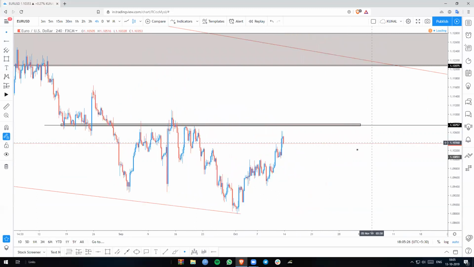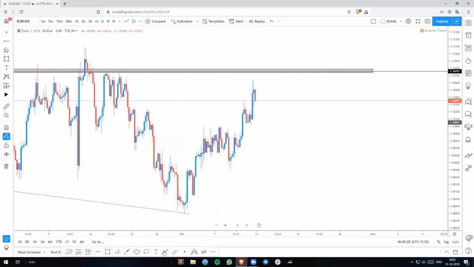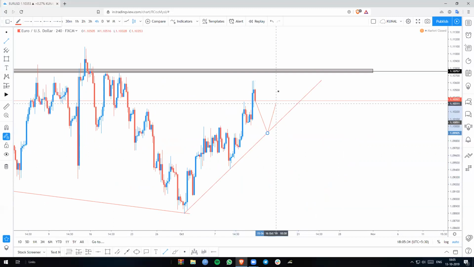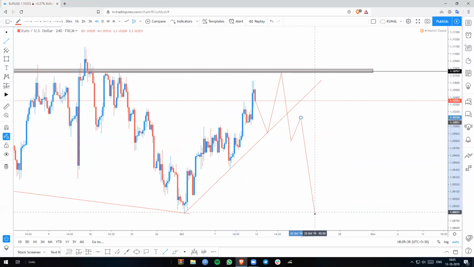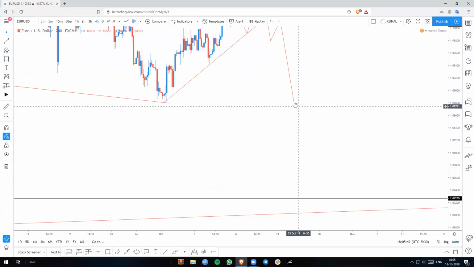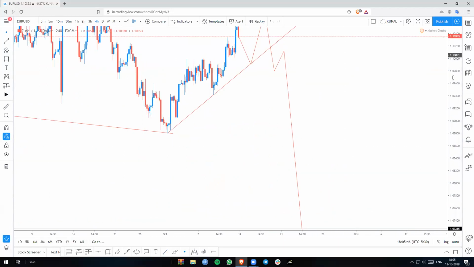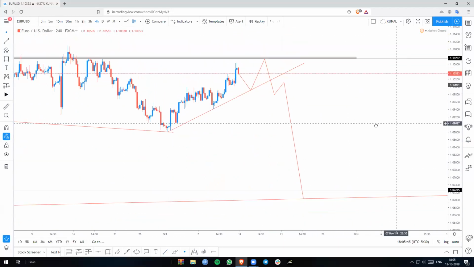If it comes down, rejects this level, again comes up and then breaks this structure, then we can have some more space to the downside. Till where? Till maybe the level where we had the original monthly trend line. That's my expectation, where we can still go.